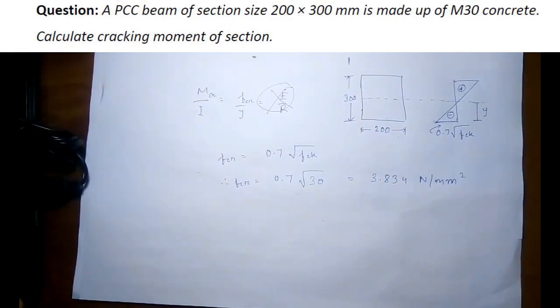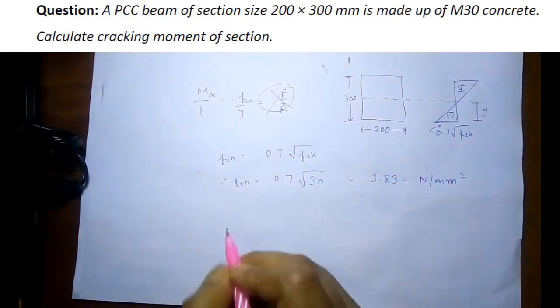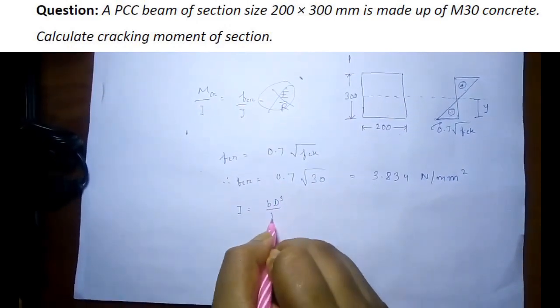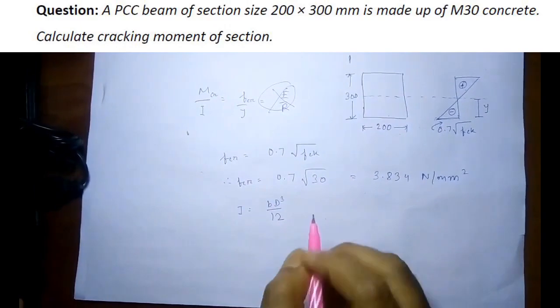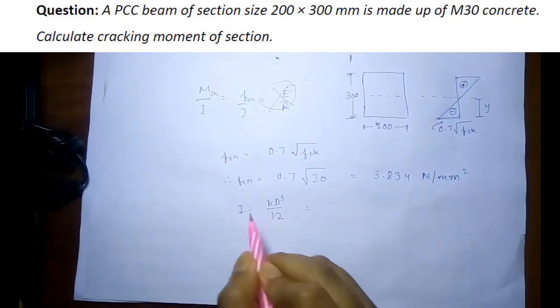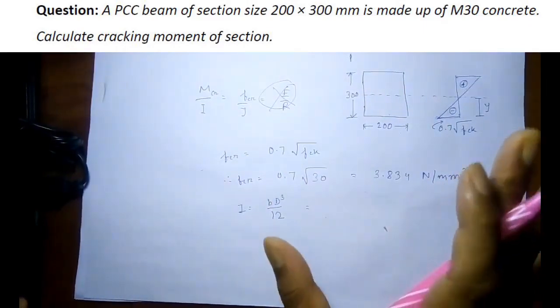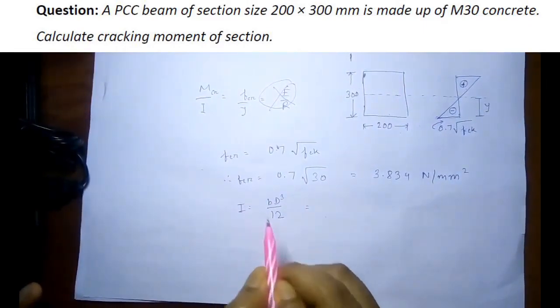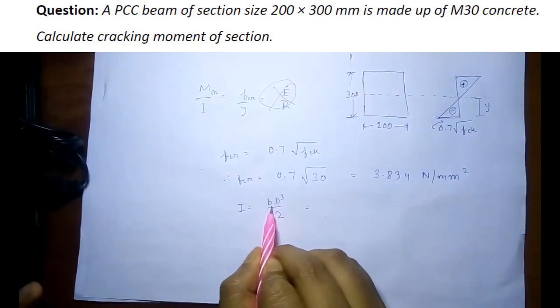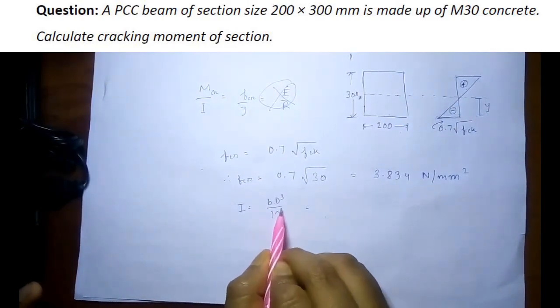Also we know that I is equal to BD cube by 12, because for a rectangular figure I is equal to BD cube by 12, where B is the breadth or width and D is the depth.